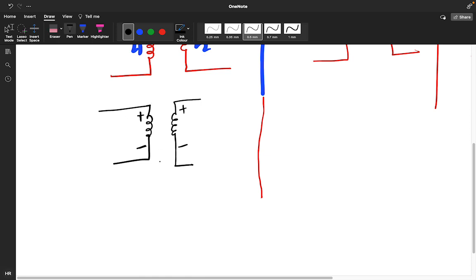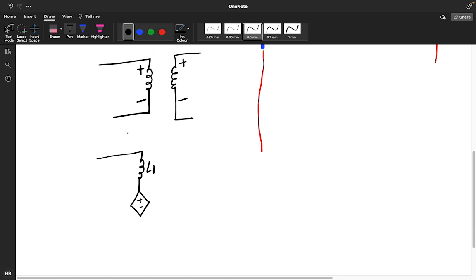Now you need to change the circuit into dependent and independent terms. So make it as L1, and this particular positive negative M di1 by dt.